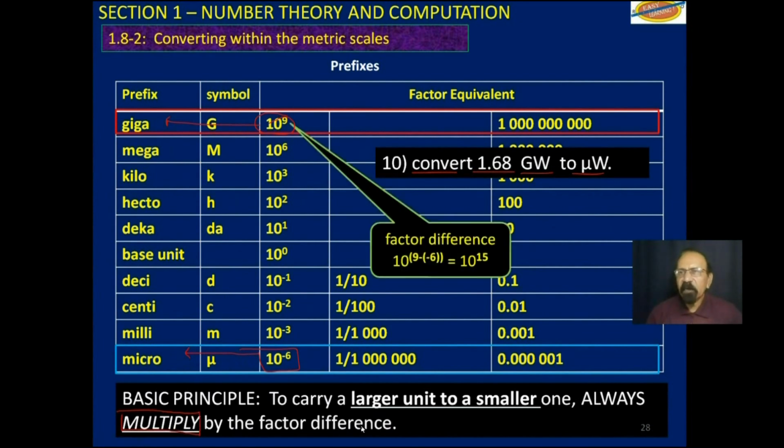Let's see what the factor difference is. You always divide the larger factor by the smaller factor, which means you will subtract the indices. So 9 minus minus 6, which becomes 9 plus 6, and you get 10 to the 15 power. So it takes 10 to the 15 microwatt to make 1 gigawatt.